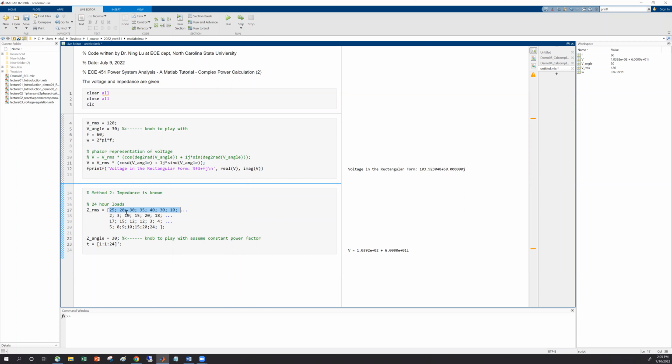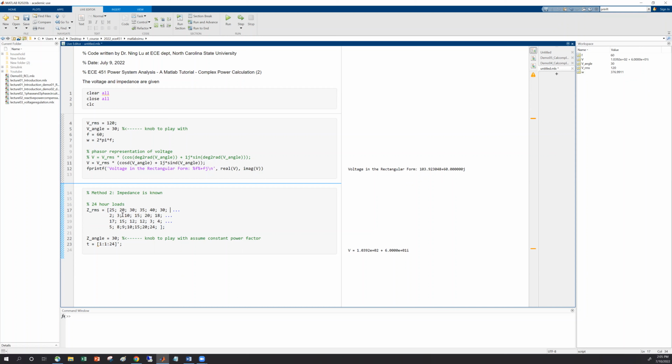You can either import them from an Excel spreadsheet, which I'll talk about in a later demonstration, or you can just directly put the values in this main script. You can see that this is 1, 2, 3, 4, 5, 6, so I have 6 values here, from 1 o'clock from midnight to 6.